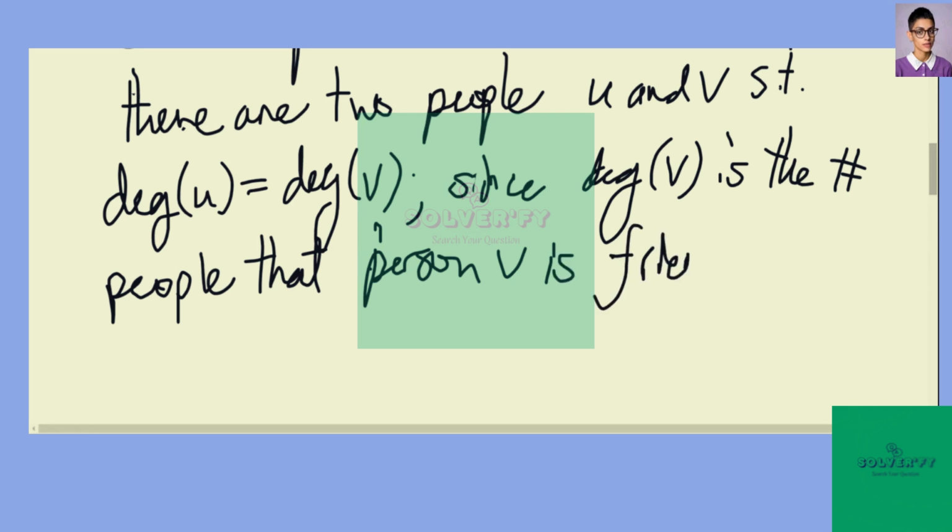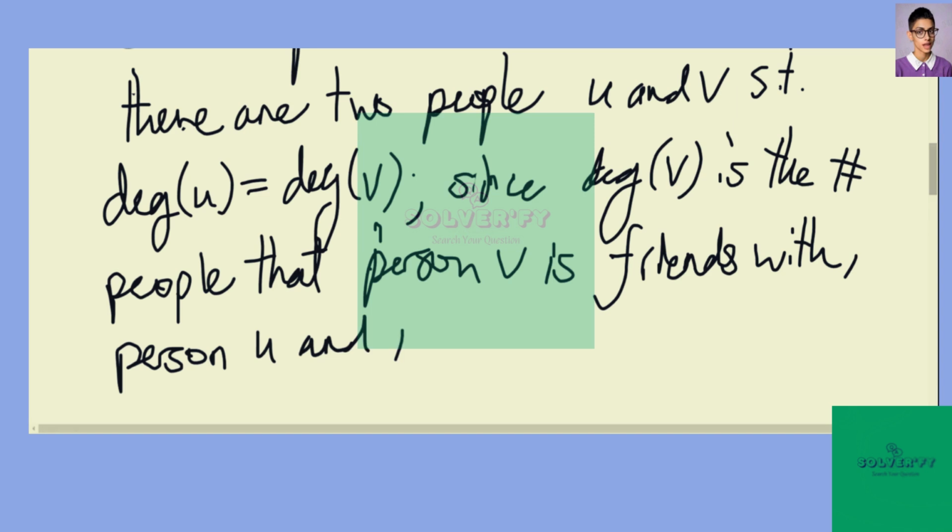Degree of U equals degree of V. This tells us that person U and person V have the same number of friends in this group.